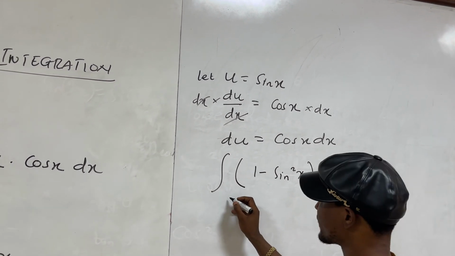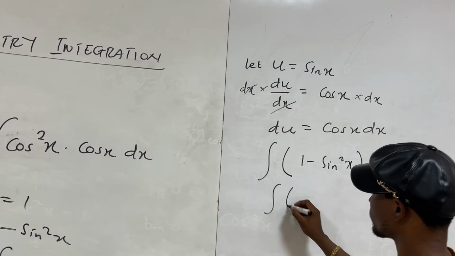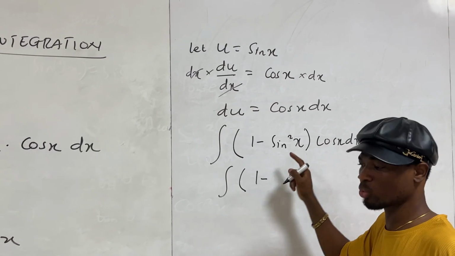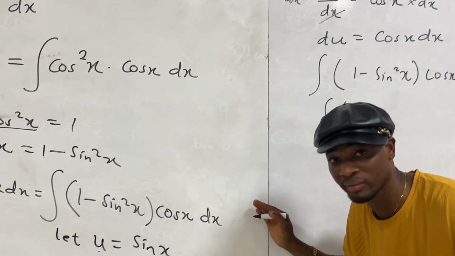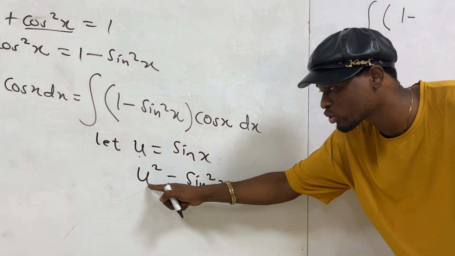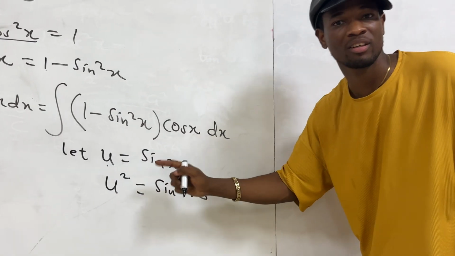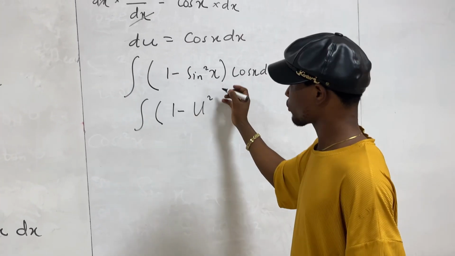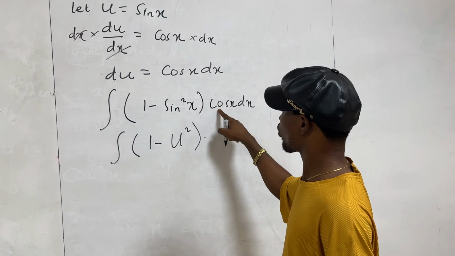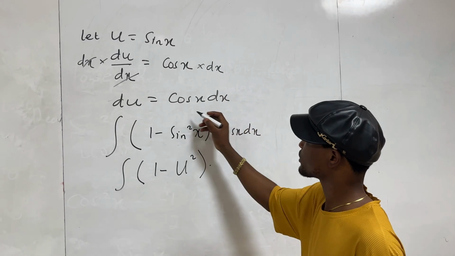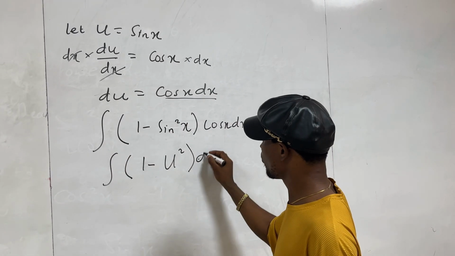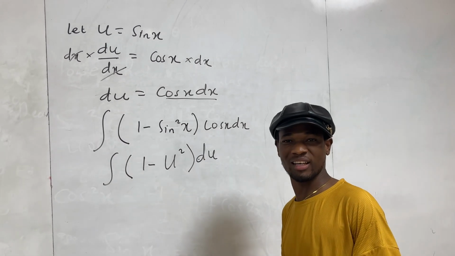So I can say that this is the same as the integral of 1 minus, viewers, what is sine squared x? From here, remember, we said sine squared x is the same as u squared, right? So I have 1 minus u squared. Then what about cos x dx? Cos x dx here is the same as du. As simple as that, right?